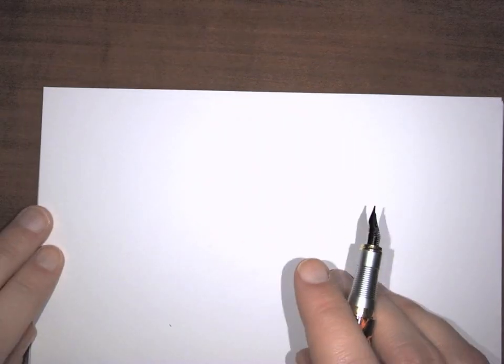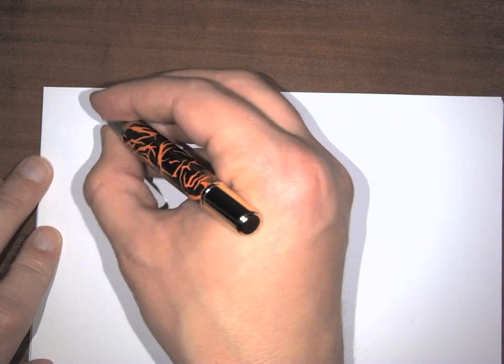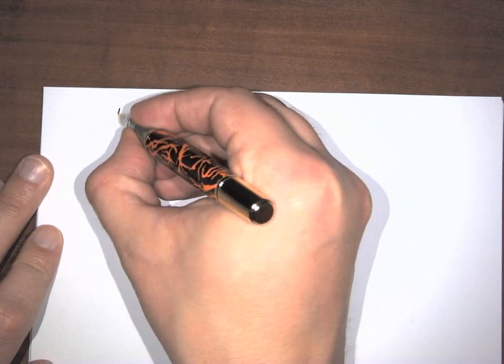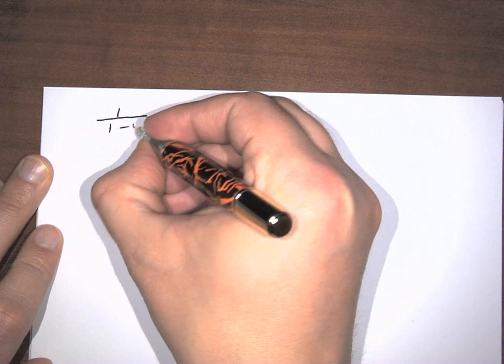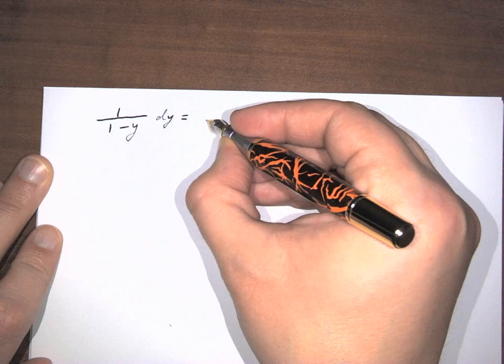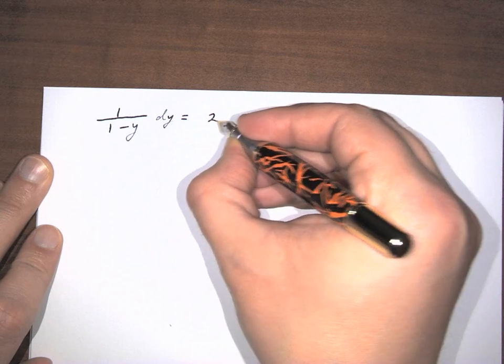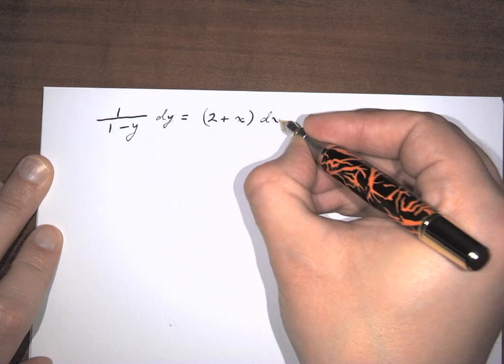So here we go. When we multiply both sides by dx and divide both sides by 1 minus y, we're going to end up with 1 over 1 minus y dy is equal to 2 plus x dx.